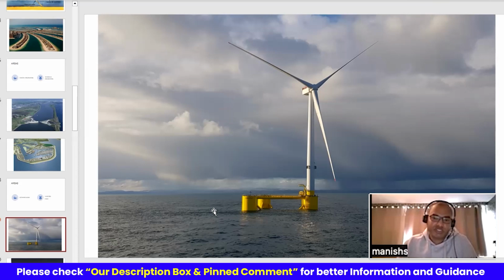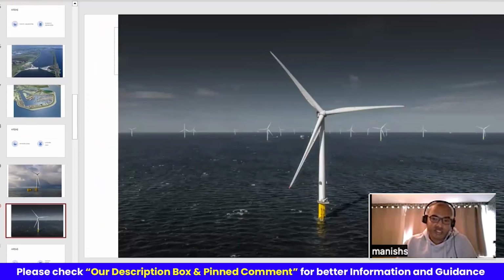Each of these turbines, next slide, has a total mass of 5,000 tons, and it is not carried in one part, it is carried in two or three parts. So one turbine and the underwater support structure is like 5,000 tons.